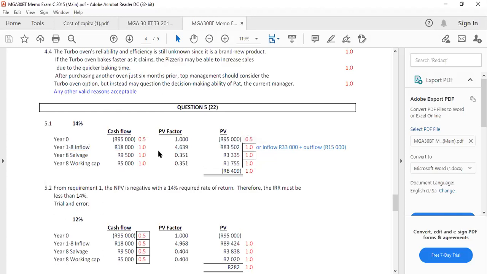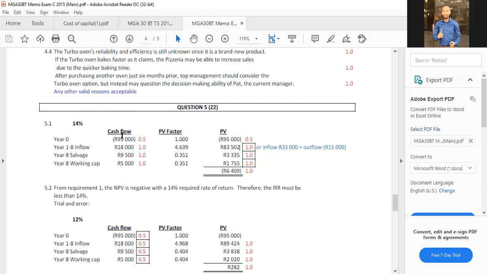In the previous class, they said they're going to have 33,000 cash flows for the next 8 years, excluding depreciation. So we had to calculate cash inflow, which was 18,000.